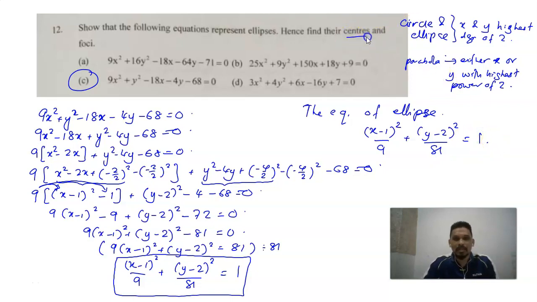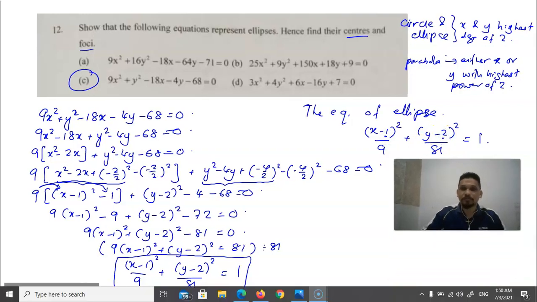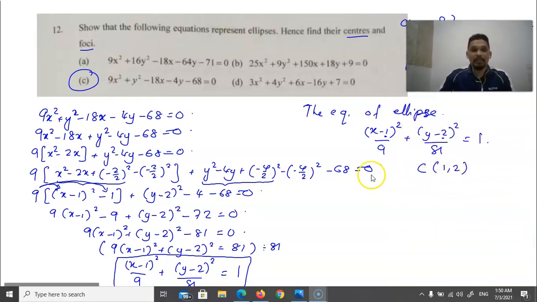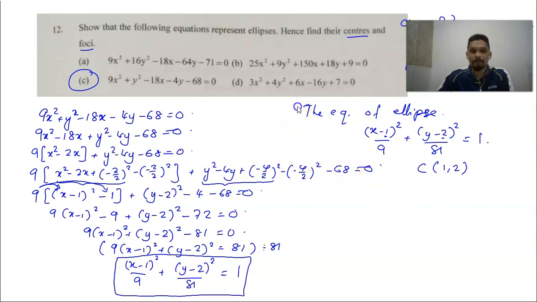Find the center and foci. So now the center of this ellipse is 1 and 2, from B here. And then the foci, both of the focus points.